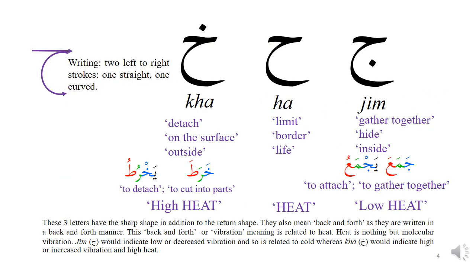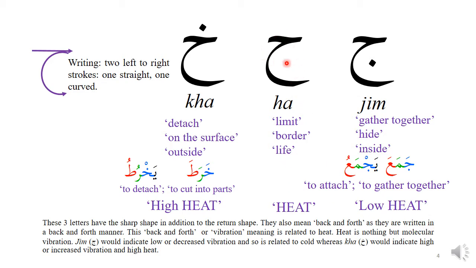So now in this video I'll be discussing another new meaning, which is related to heat. And all this meaning, the gather together and detach, and inside and outside meaning of this letter Ha related group, these three things. And you see, it's related also to heat.